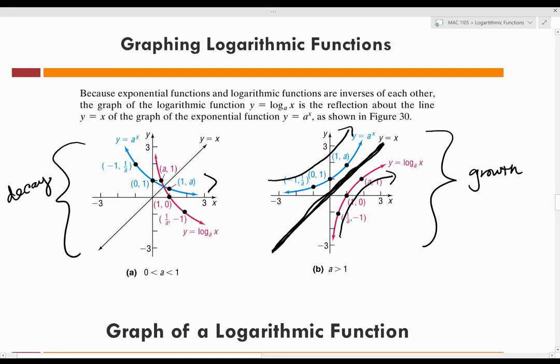They are reflections of each other, mirrored images. The same thing is true for the decay exponential function. Both it and its inverse are reflective about the line y equals x. They are mirrored images. All right, so let's dive a little deeper into their properties.